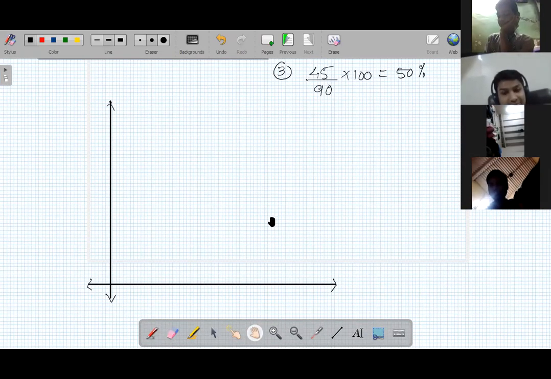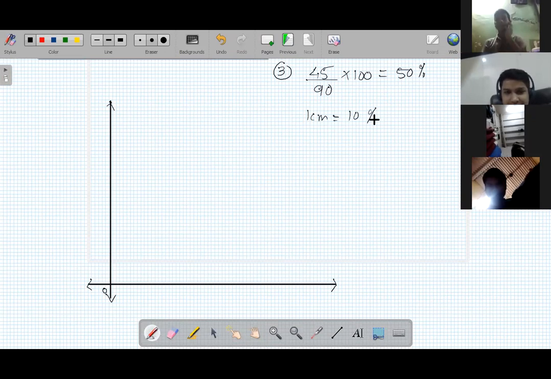Okay, now when you're drawing the graph, on the y-axis, we'll do 0 to 100. So 1 centimeter is equal to 10%. So you write it like this, 1 centimeter equal to 10%. So I'll write 0, 10, 20.